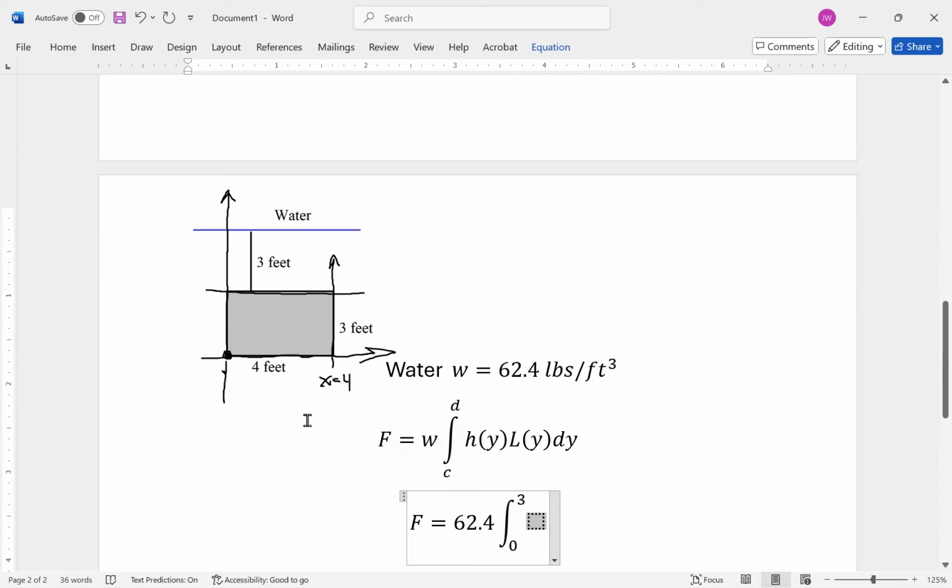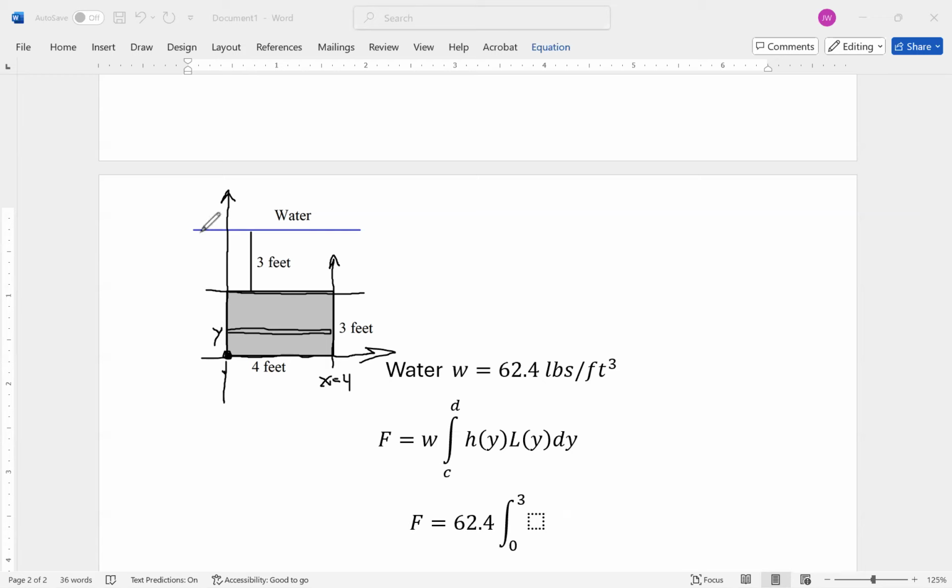The depth. Now here's where you have to be pretty careful. If I draw some sort of rectangle in here, it's going to be at some arbitrary y value. The depth of this rectangle is going to be 6 minus y.